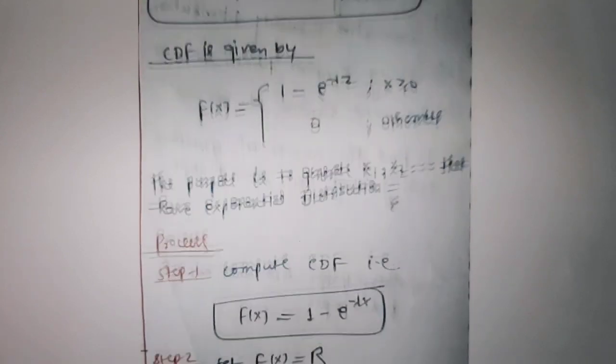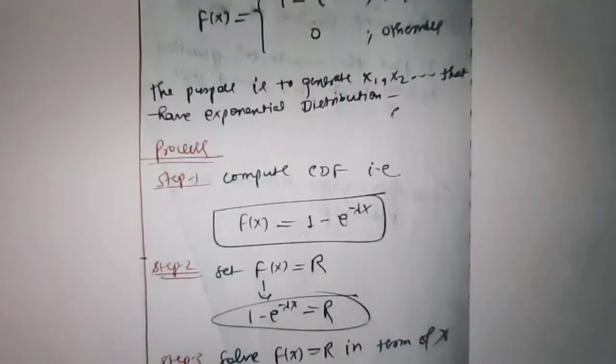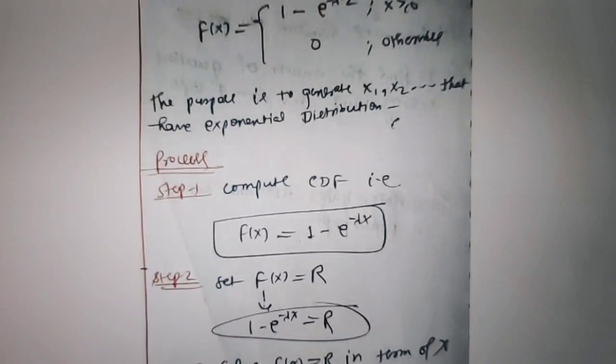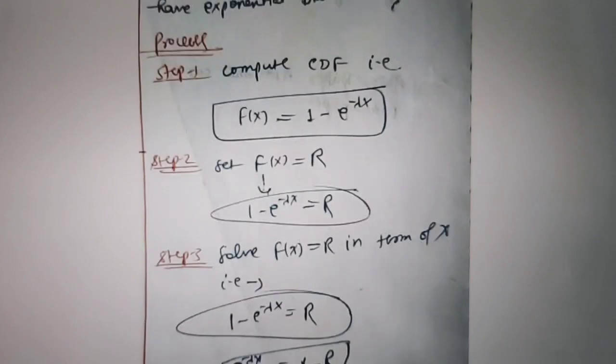In step 1 we compute the CDF, which is F(x) equals 1 minus e to the power minus lambda x. In step 2 we set this value equal to R, so F(x) equals R. And in step 3 we solve F(x) equals R to find the value of x.